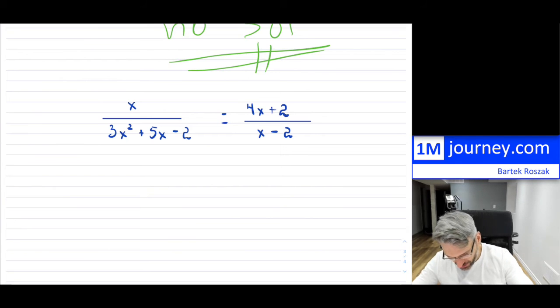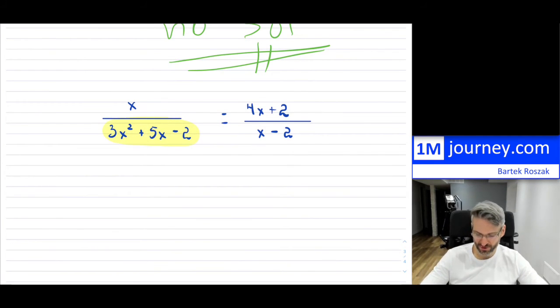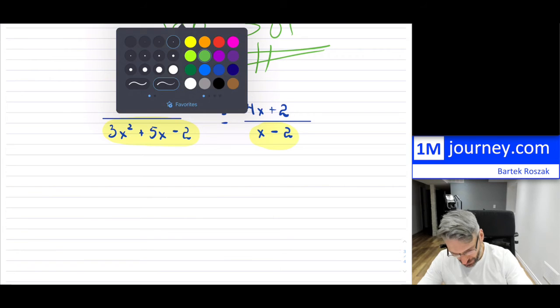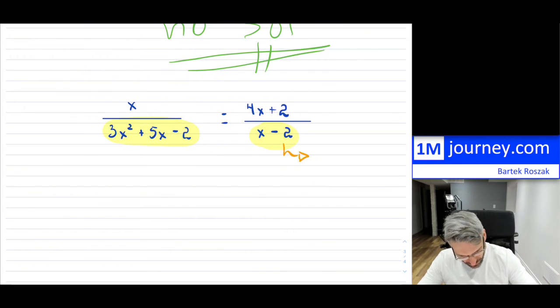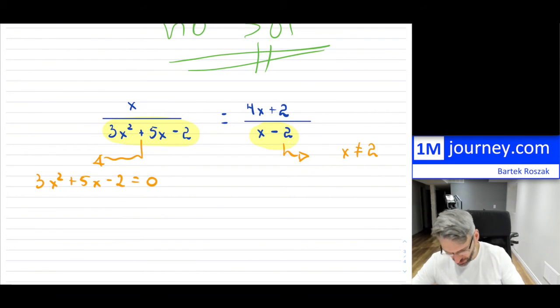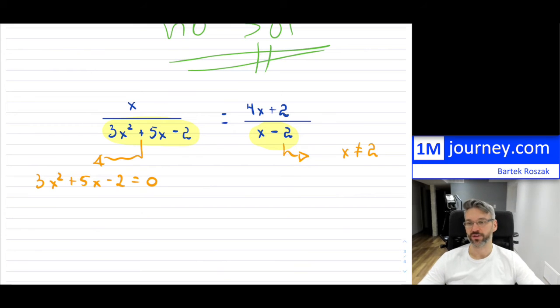So once again, we do have to worry. We have to make sure that this is not going to be a 0, whatever x that would be. Now this one is much easier to find. So from here, we know that x cannot be equal to 2. And then from here, we would have to check when 3x squared plus 5x minus 2 is equal to 0, so we can check when that is undefined.